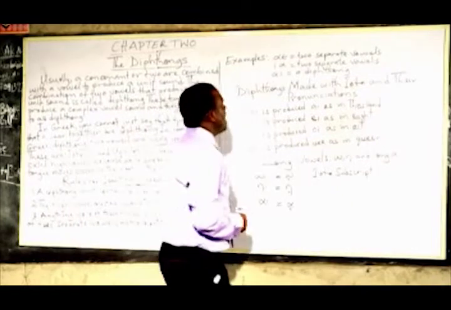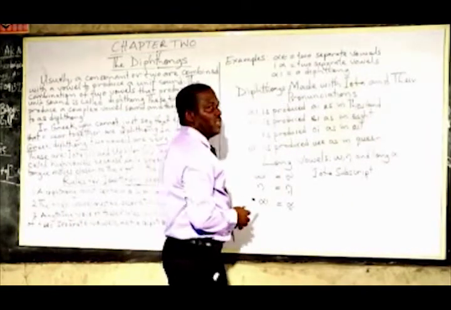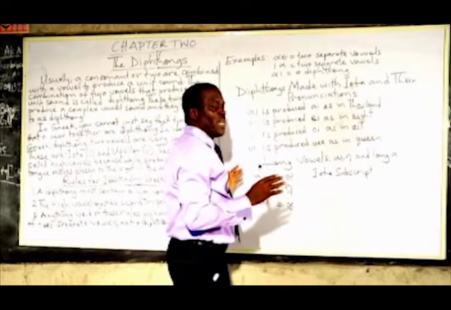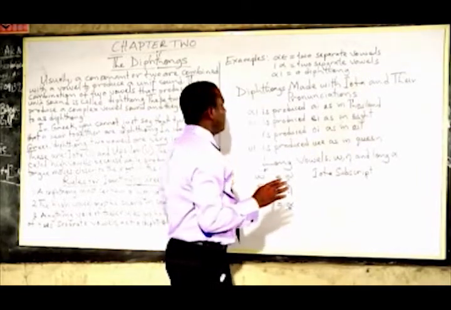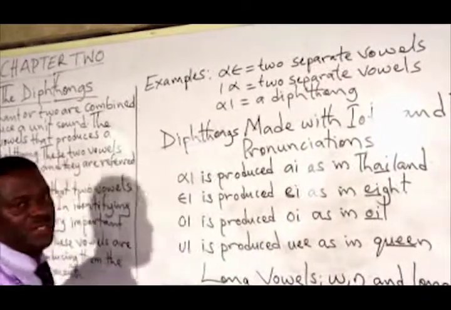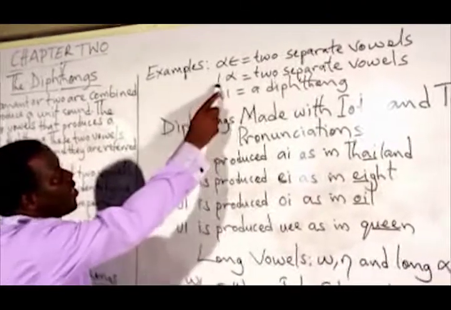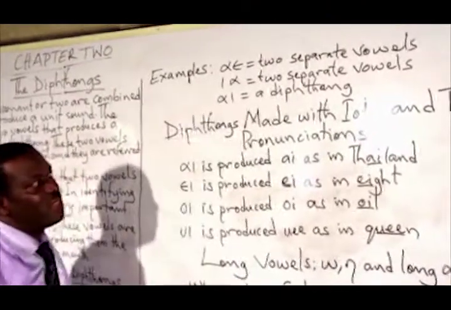The first example we have alpha and epsilon. There's no high vowel there. As a result of that, we have the situation of 2 separate vowels. The second example, we have iota and alpha.